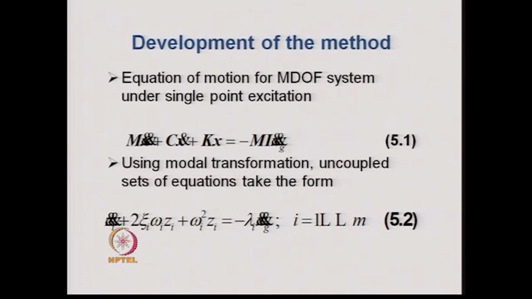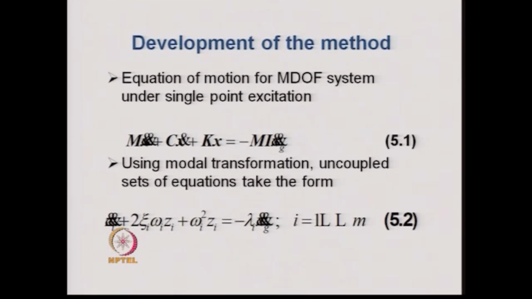And if we use the normal mode theory, which all of you are acquainted with, an uncoupled set of equations can be obtained which take the form of z I double dot plus twice zeta I into omega I into z I dot plus omega I square z I is equal to minus lambda I into x double dot g.